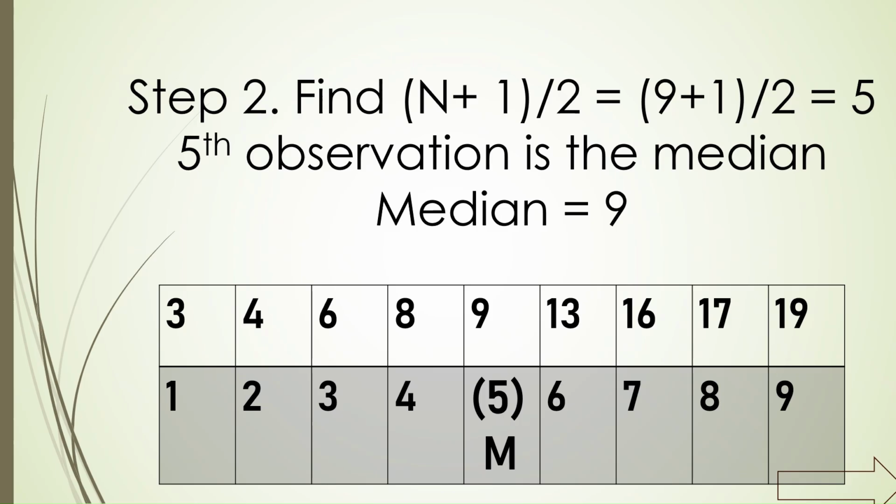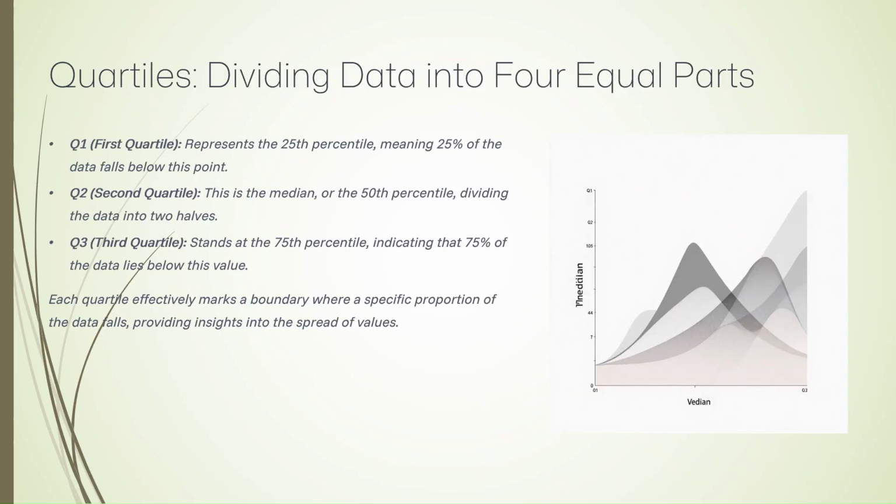We have 9 observations and we use the formula (9 plus 1) divided by 2, which is 5. The 5 is not the median, but the fifth observation of the data is the median. Here the fifth observation is 9, so the median is 9.